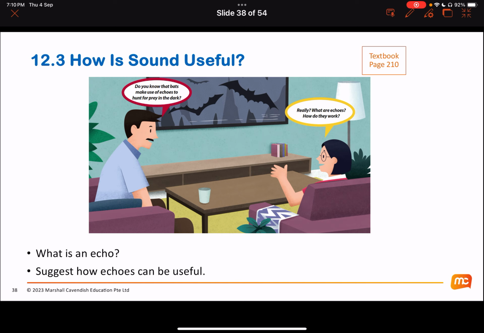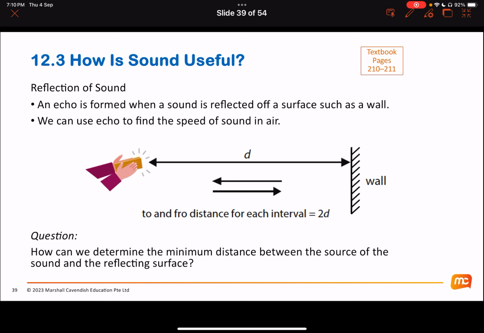Basically, sound is reflected off a surface, and when it reflects back to, let's say, a detector, the amount of time that it takes will be recorded. The distance that it travels will be noted as well, because the speed of sound is constant in a fixed medium.